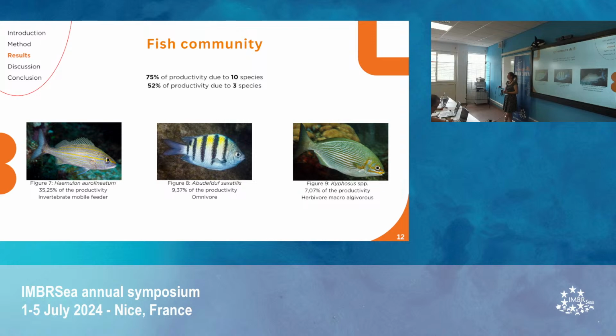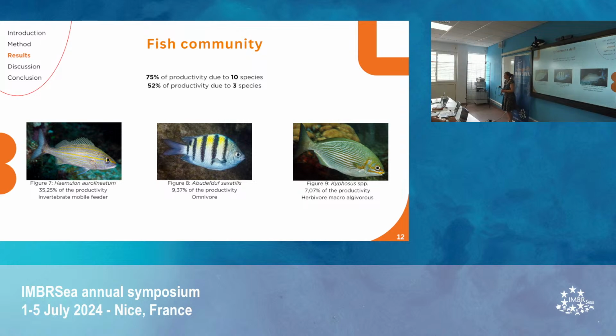Did you see those trends, between what the fish eat and the coverage of the benthic? Yes, we can see, for example, with omnivores and herbivores, a decrease in turf coverage. So we can see that the more herbivores there are, the less turf there is.